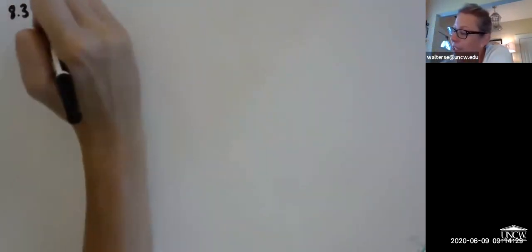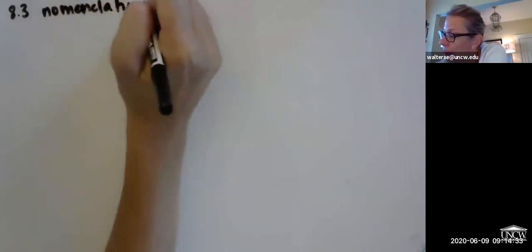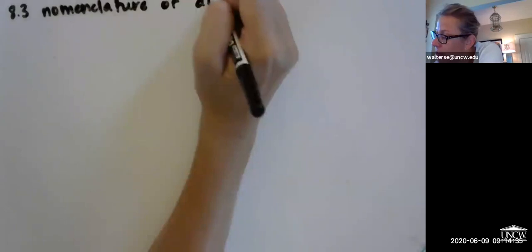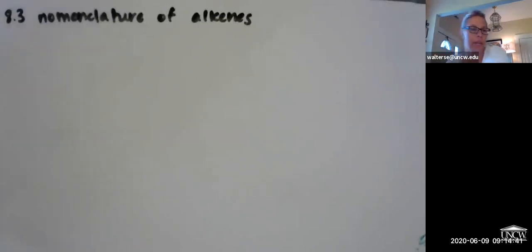This is nomenclature of alkenes. Okay, so a lot of the rules that you used already in naming alkanes and cycloalkanes still hold true here. These are just some amendments.